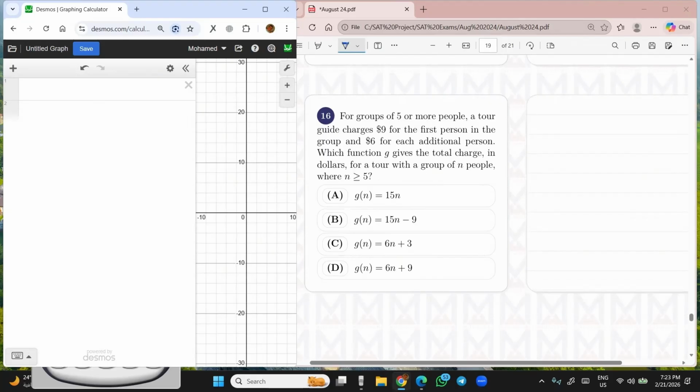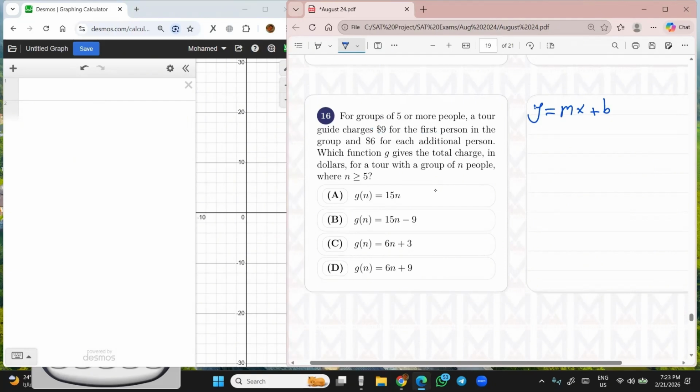In this kind of question, which is repetitive in SAT, we need to consider the function y equals mx plus b, but we need to change the x to x minus 1, because for the first person we have one calculation, and the rest of them have another calculation.